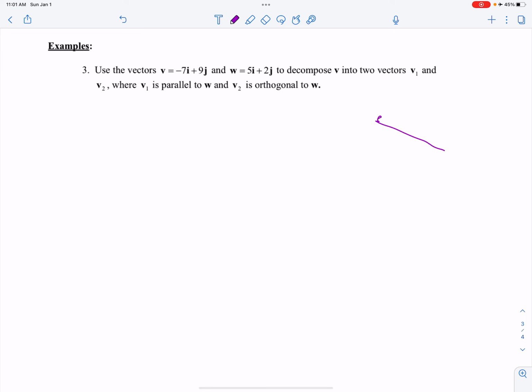So if this is our v and this is our w, w is 5i plus 2j, we want to rewrite v as one vector moving in the direction of w and one moving orthogonal to w, and to get us to the same place as v. So we would start where v starts and end where v ends, but rewritten as two vectors, one being in the same direction, parallel to w, and one being orthogonal to w. This is our goal.